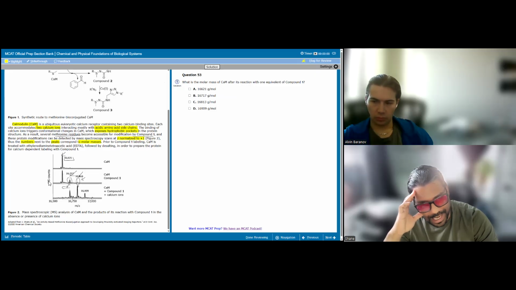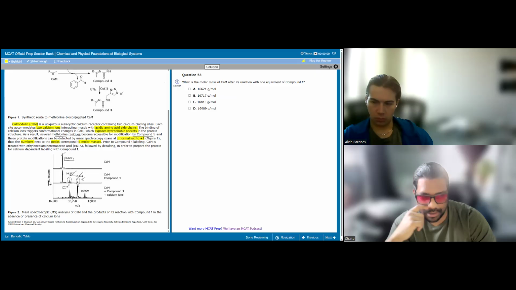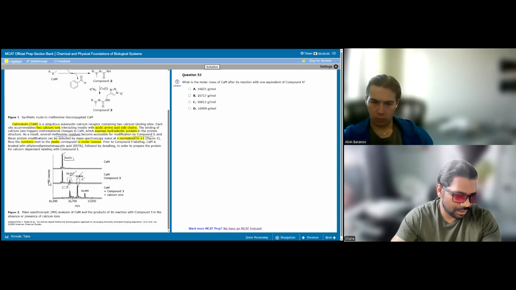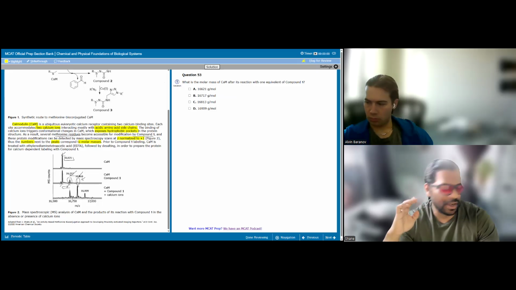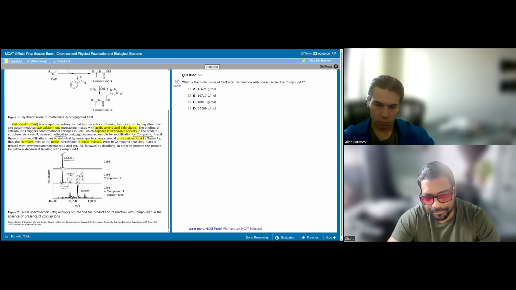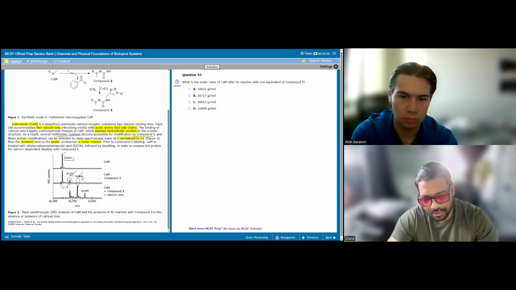If they're saying it reacts with compound 1, compound 1 isn't the thing that's changing, CAM is. And since we know the leftmost is CAM on its own, it would make sense that CAM in the presence of compound 1 would be closer to the original CAM. I think that's how I'm thinking of it.